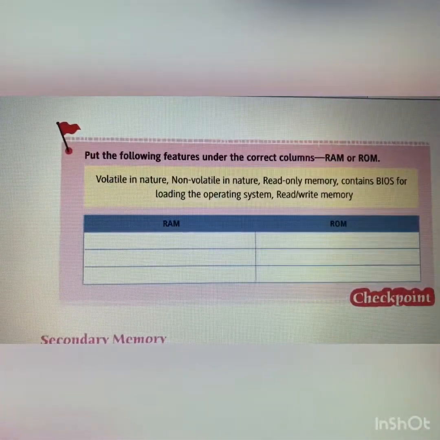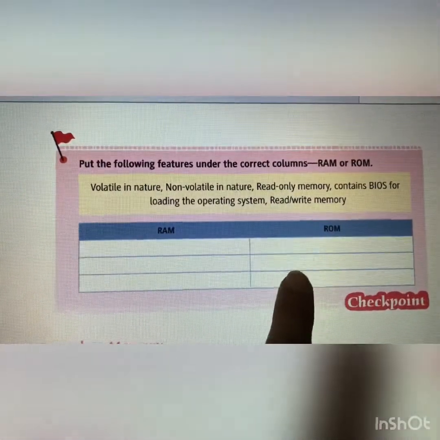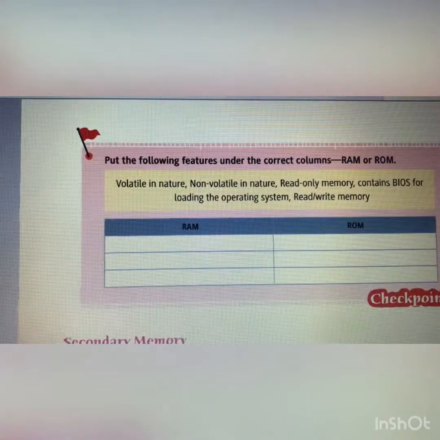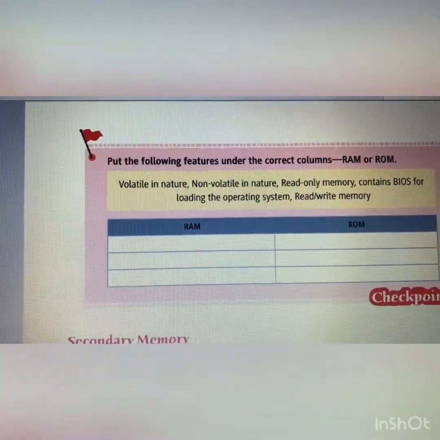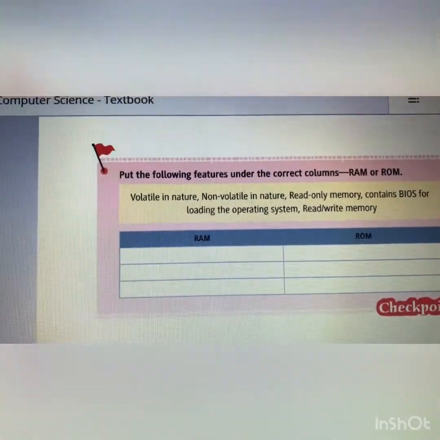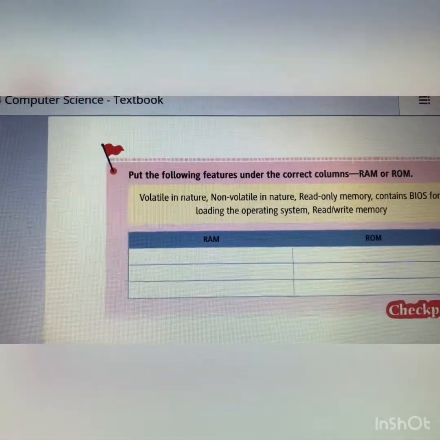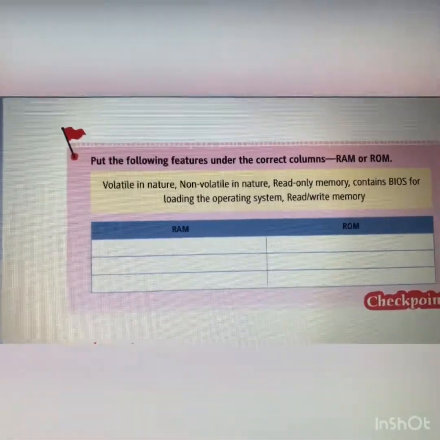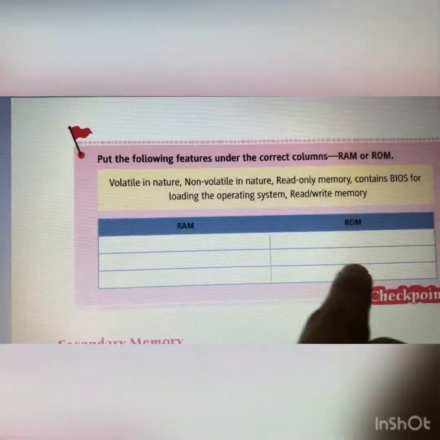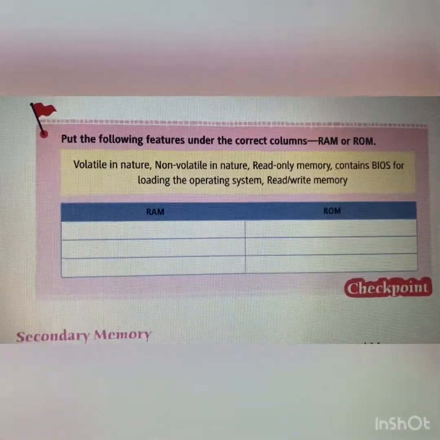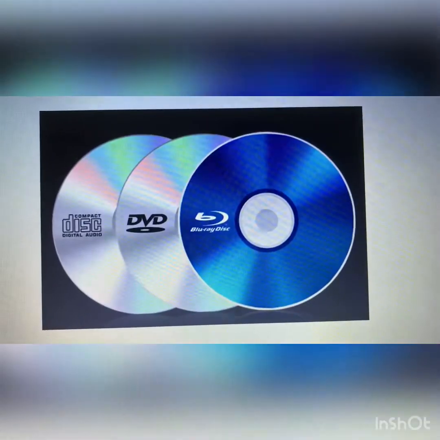Read-only memory, ROM. Contains BIOS for loading the operating system. Yes, you all are correct, ROM. Read/write memory. So the answer is RAM. So you all have to write the answers in this column properly, and I will see the checkpoint in the next class.